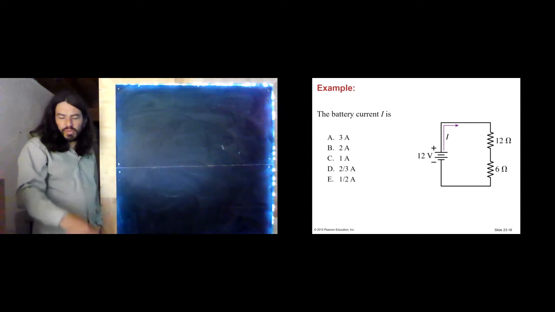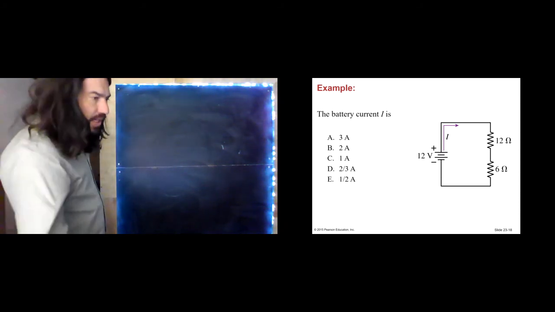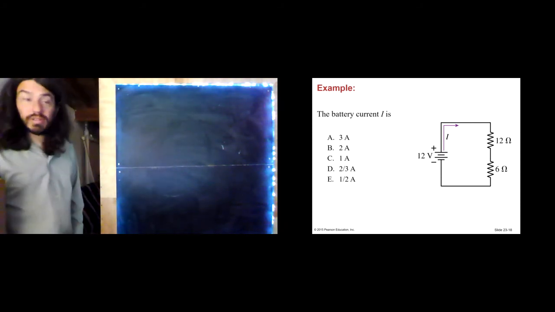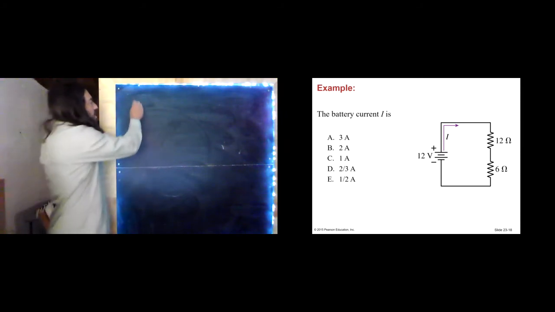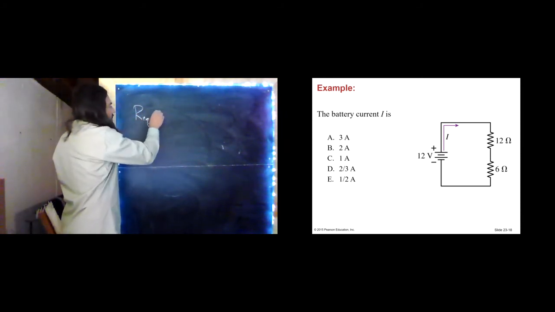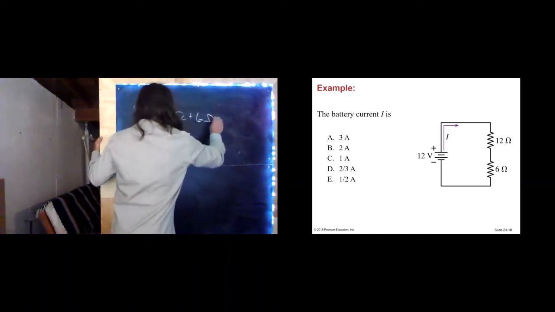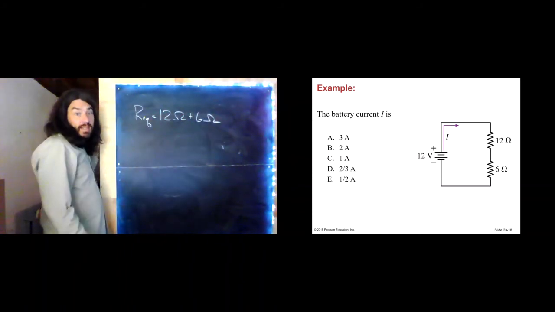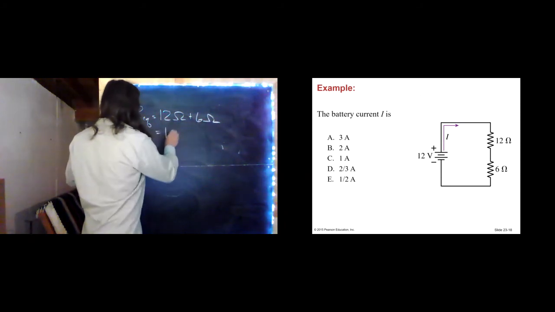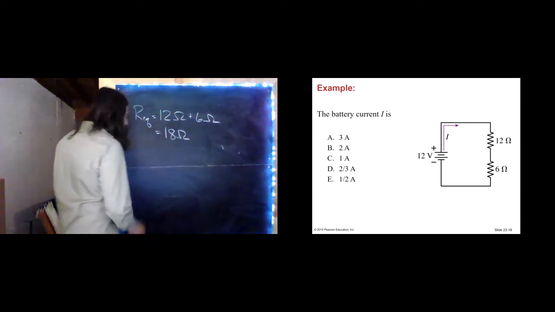Okay, we could use the loop rule for this. A couple of different ways to approach this, but I'm going to use the idea of equivalent resistance instead. We see that the equivalent resistance here is 12 ohms plus 6 ohms because they are in series, right? So we have an equivalent resistance of 18 ohms.